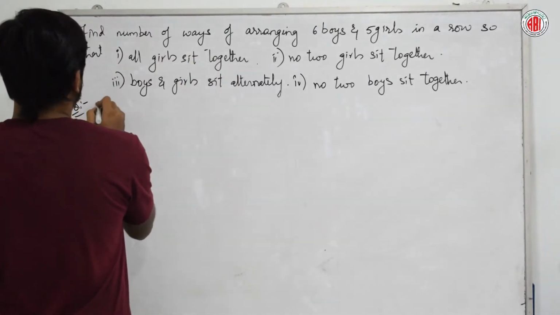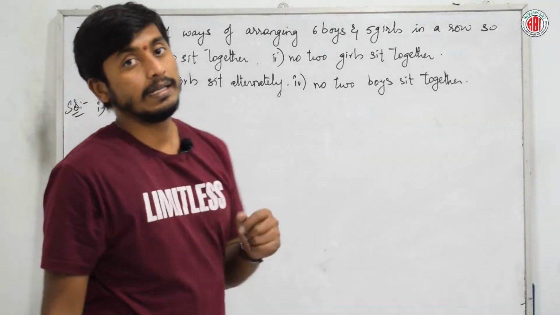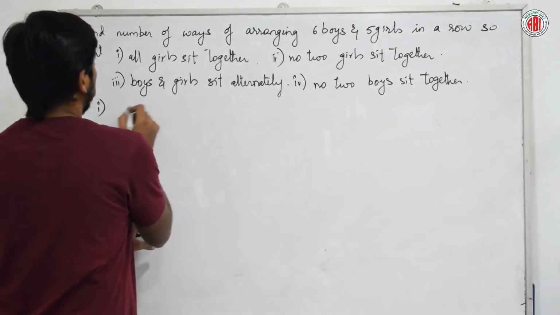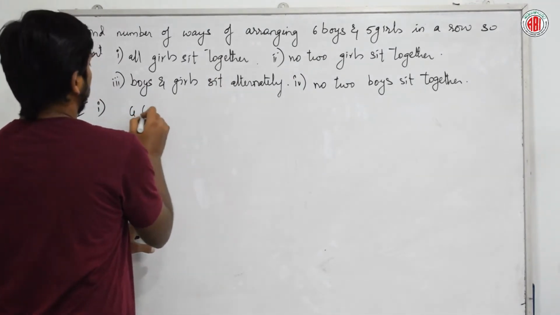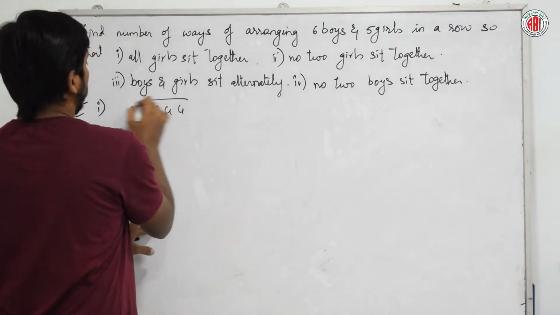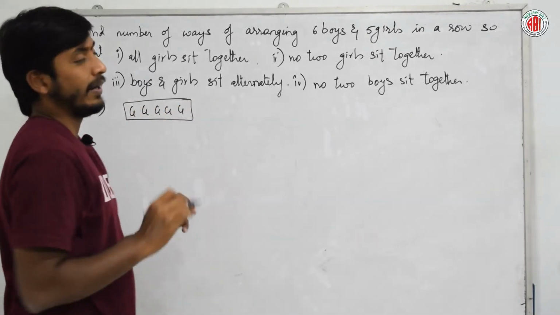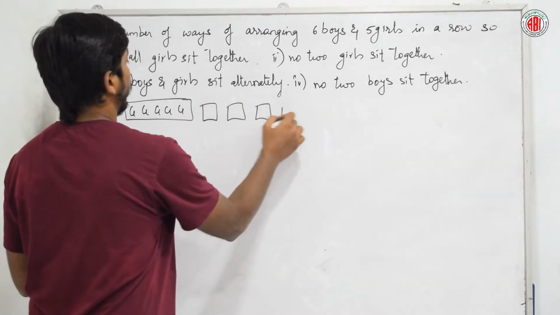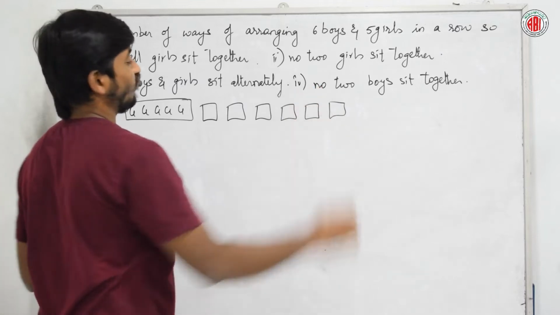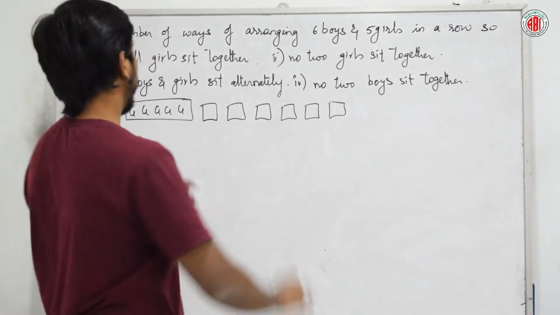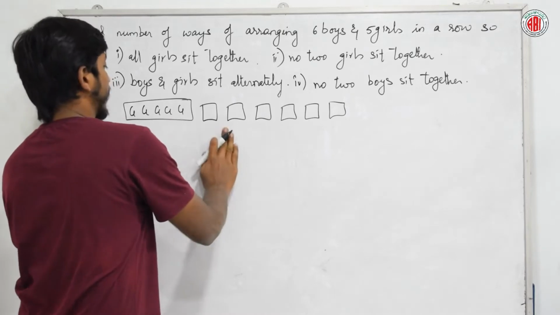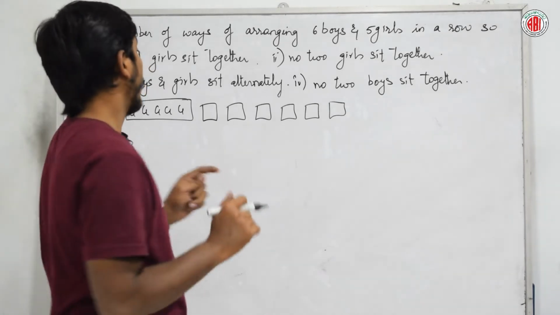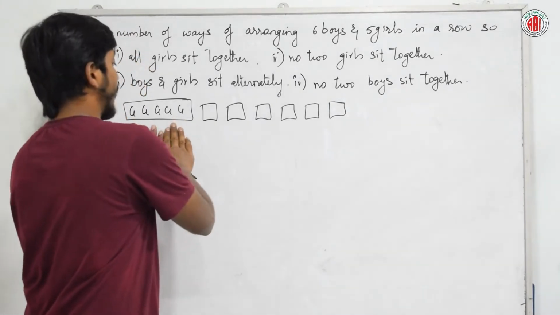Let me take the first one. All girls sit together. How many girls? 5 girls: 1, 2, 3, 4, 5. These all sit together, and the remaining 6 boys have 6 positions: 1, 2, 3, 4, 5, 6. This group can be placed here or here or wherever, so clearly this is a single place.